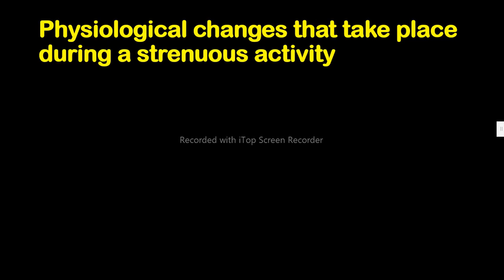So how about during exercise? Like I told you, we are here and you start jogging, and then from jogging you run, and from running you sprint. What will happen? Those observable changes. How will you feel?